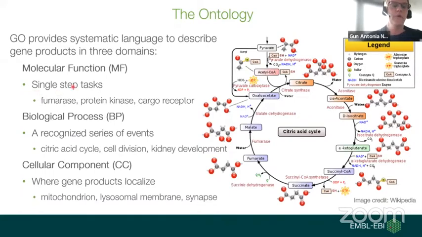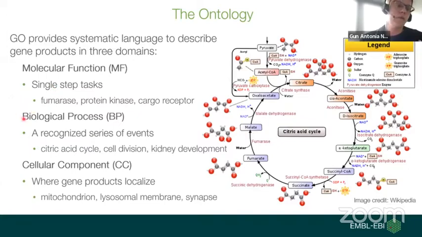So for example, you might have a gene that's annotated to the term protein kinase because it sticks phosphates onto other proteins, or it might ferry things around in the cell, or it might perform a specific catalytic activity.